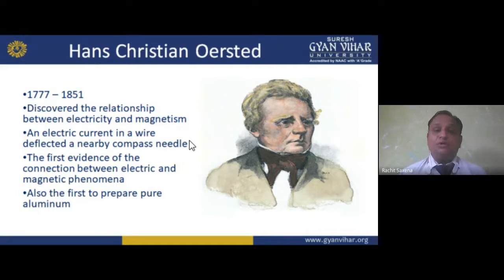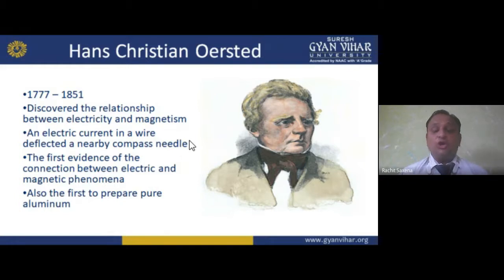So the interaction between electricity and magnetism was discovered by Hans Christian Oersted. I hope you understand. An electric current in a wire deflects a nearby compass needle.